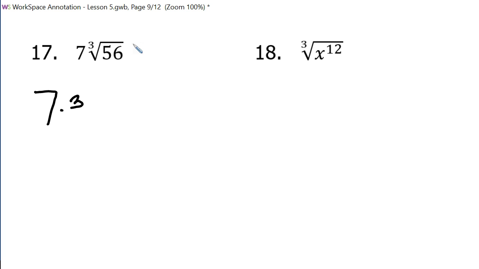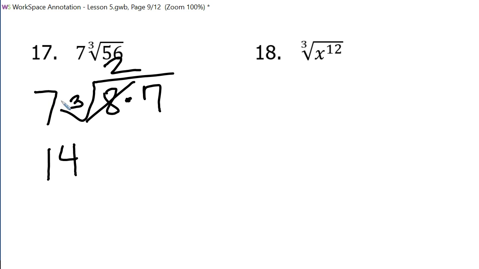What's a perfect cube that's a factor of 56? 8. 8 times what? 7. Then mark out the 8, because what's the cube root of 8? 2. And what do I do with my outside numbers? What's 7 times 2? So this would be 14 cube root. What's left on the inside? 7.